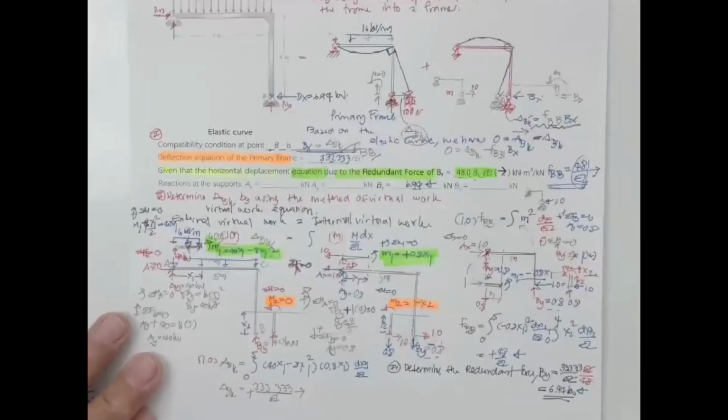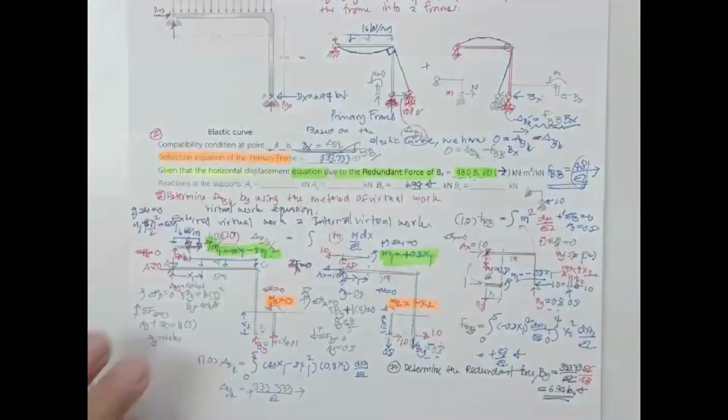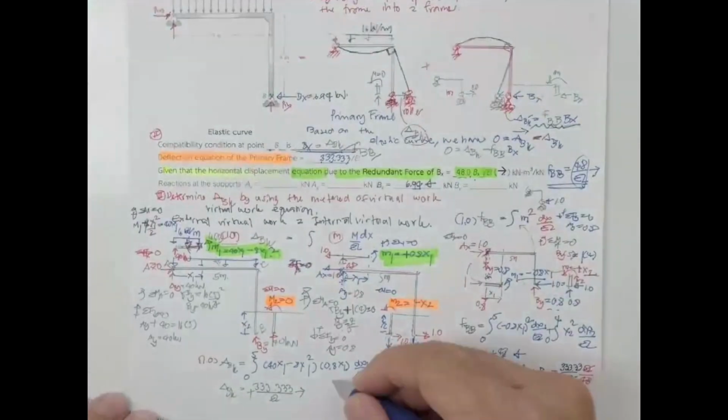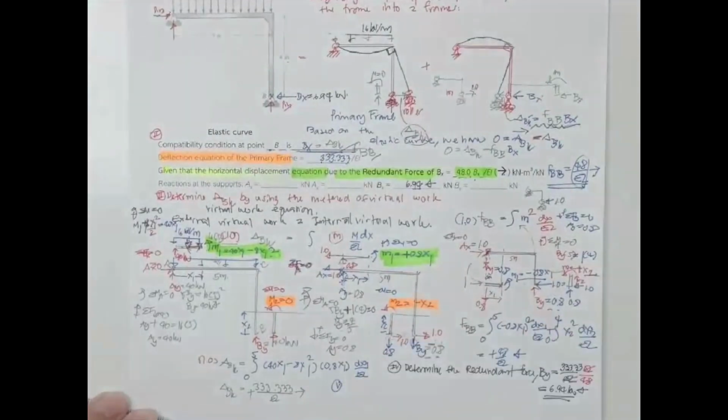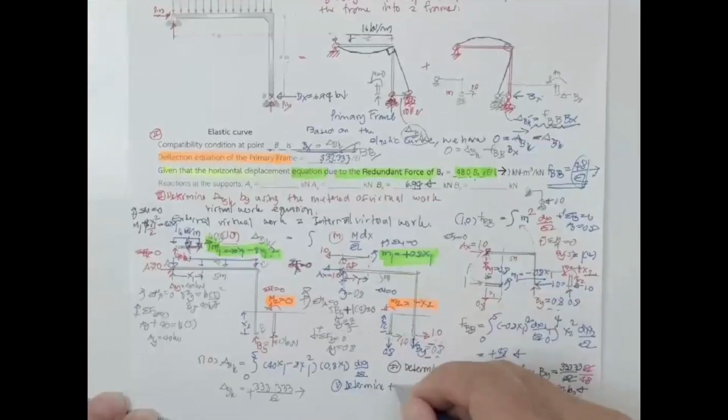Okay. You may determine A sub X and A sub Y. So, based upon this one, you got to select a space. Let me go to the step number 5. You determine the reactions.